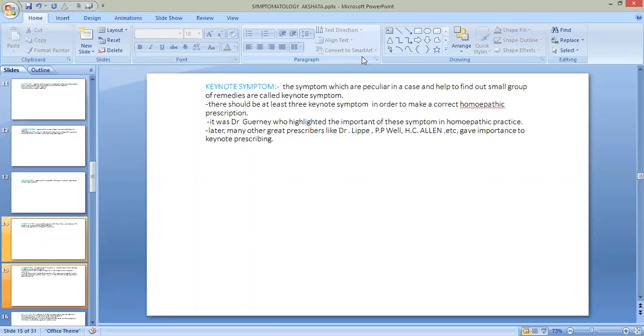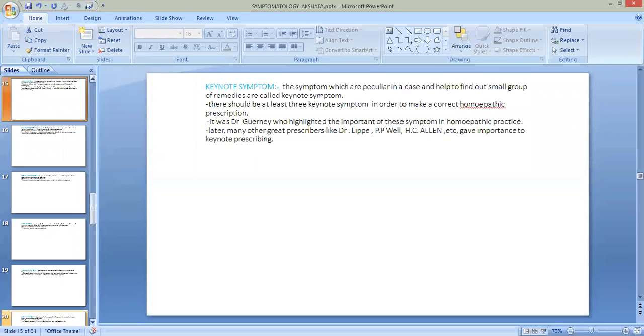So such symptoms which help us find a group of similar remedies, or help us find the similimum, are definitely helpful especially in acute cases. And these symptoms were first highlighted by Dr. Guernsey.